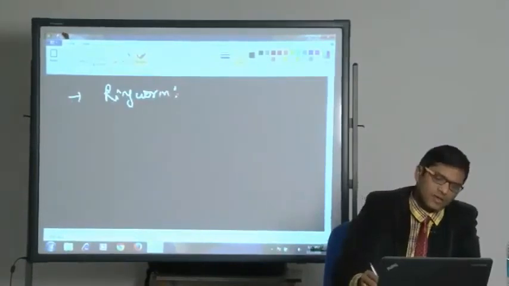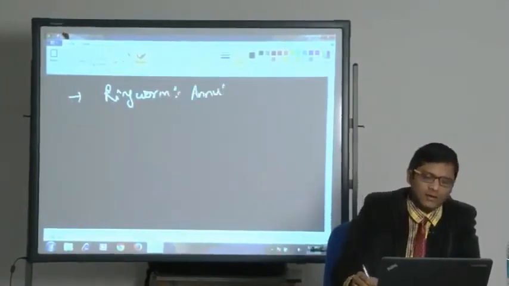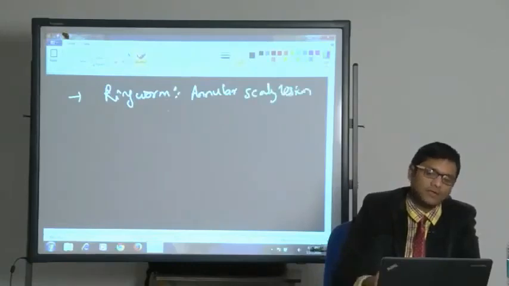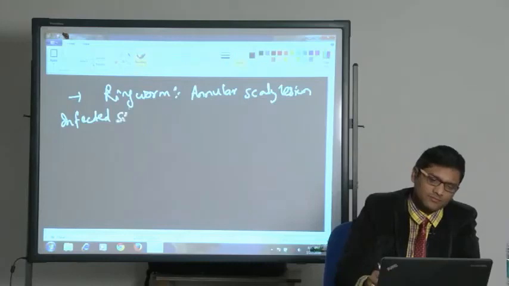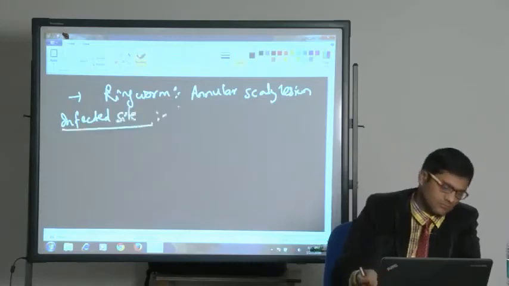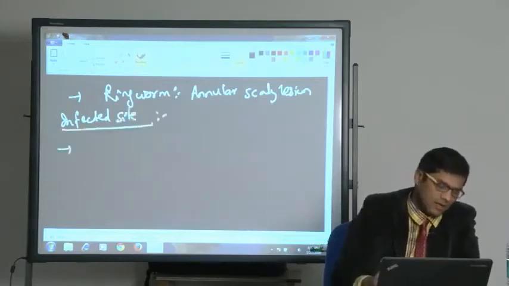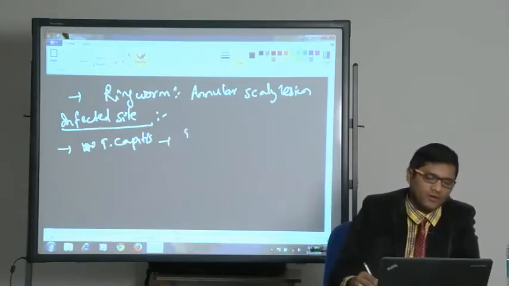Otherwise, they are annular, scaly lesions, and depending upon the infected site, various names are given. Like Tinea capitis. Tinea capitis is the involvement of the scalp.